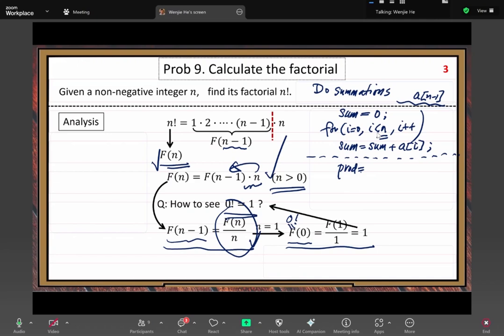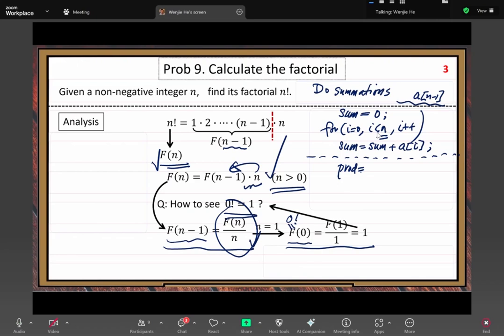What is the initial value? You need to use a special variable, the prod variable. What should be a good initial value here for the product?